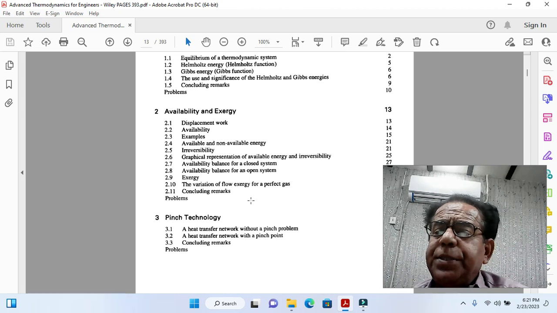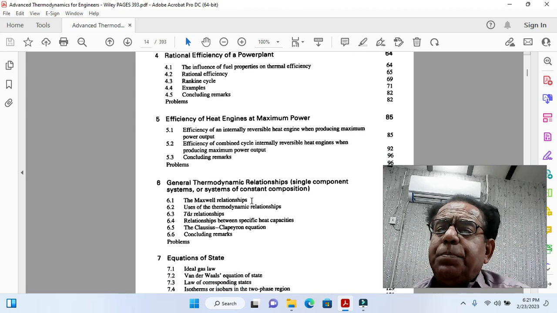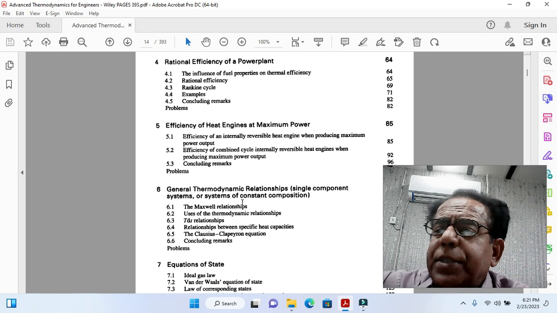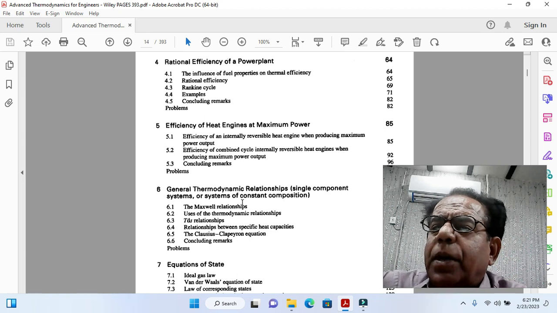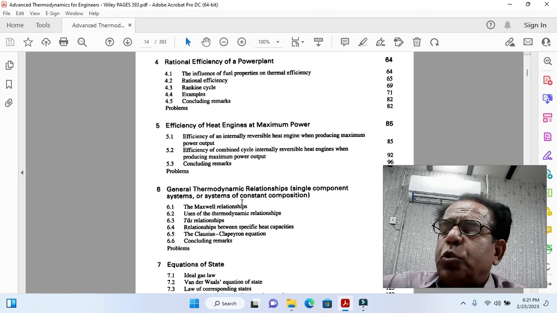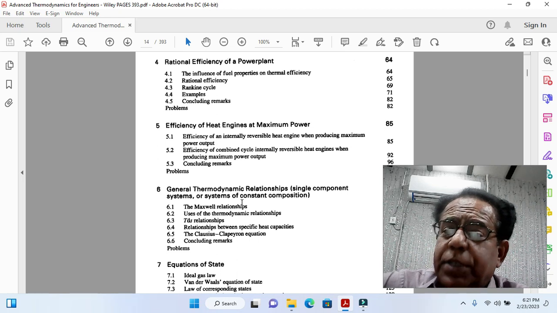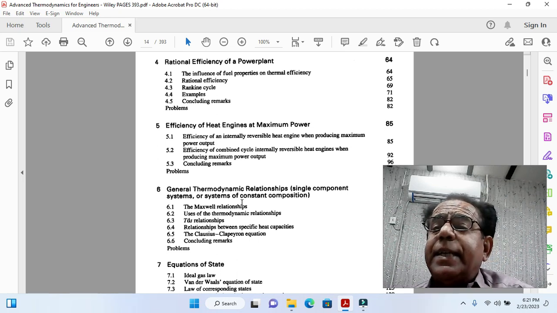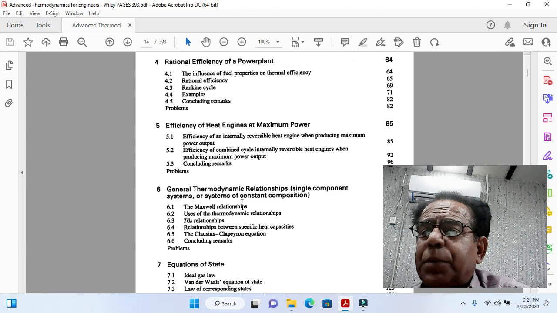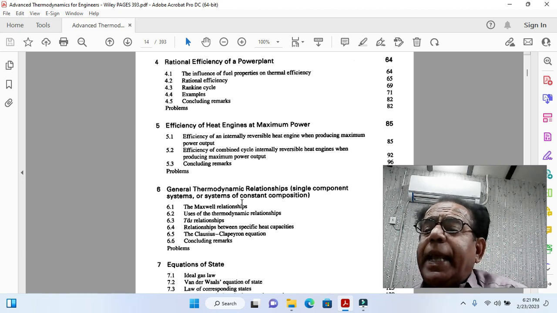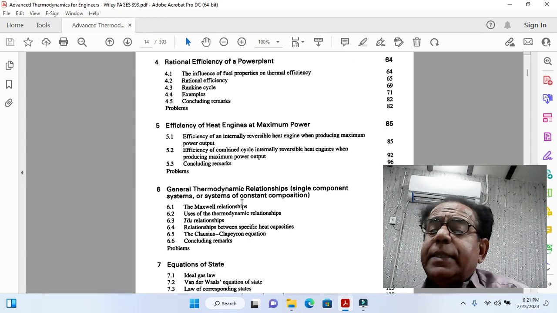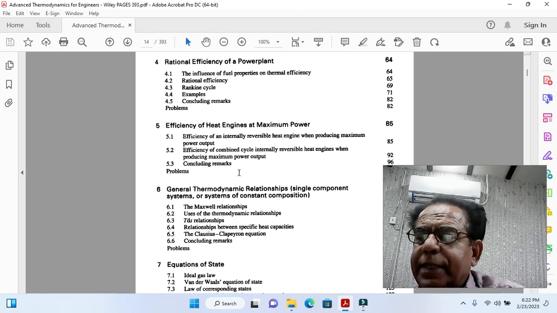Pinch technology. After pinch technology, rational efficiency of a power plant. Efficiency of heat engines at maximum power. General thermodynamic relations.